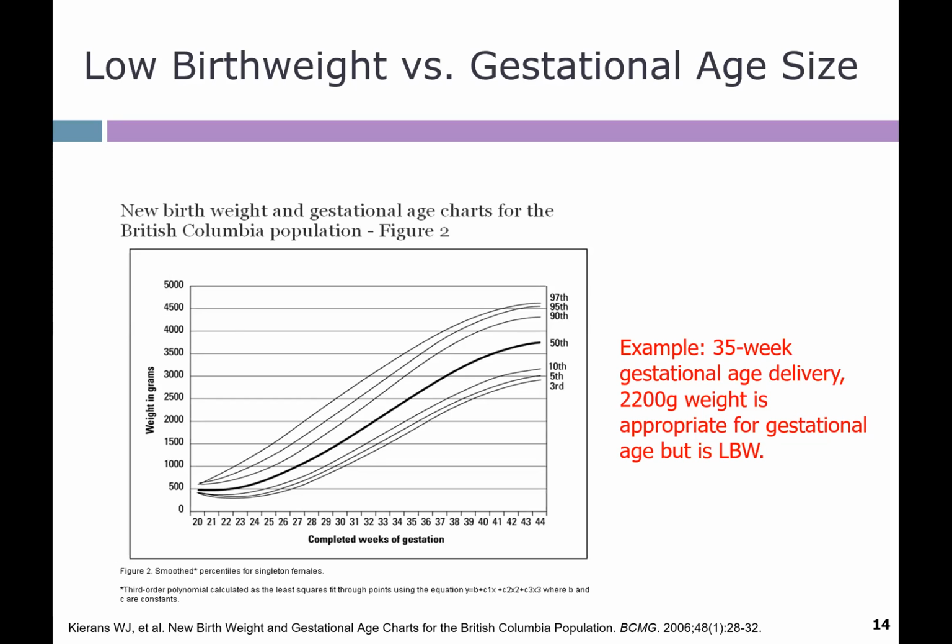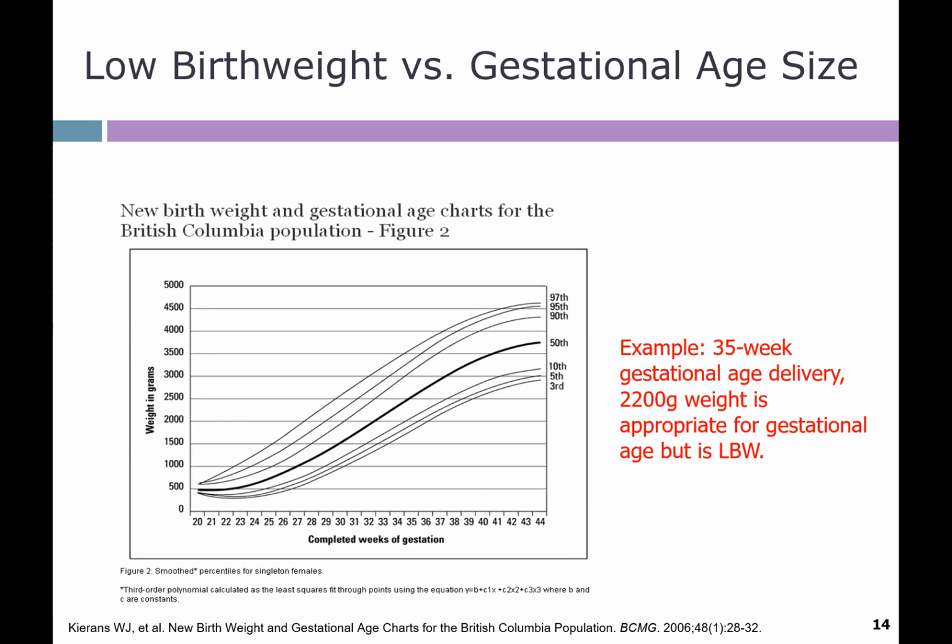So, for example, here is a chart looking at a baby's weight in grams and then the completed weeks of gestation when they were born. If we look at a 35-week gestational age, which would be here on the chart, and estimate about 2,200 grams at 35 weeks, we would be between the 10th and the 50th percentiles.